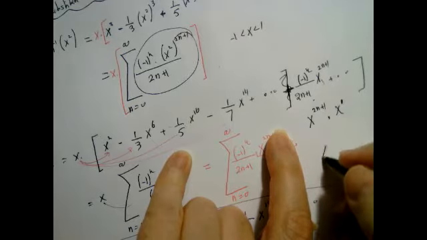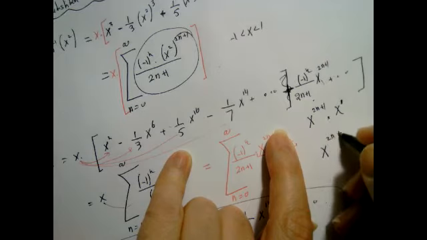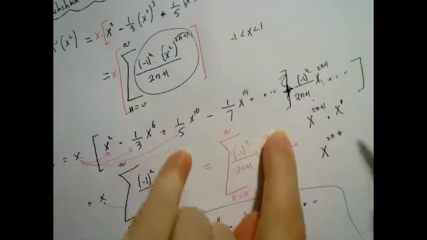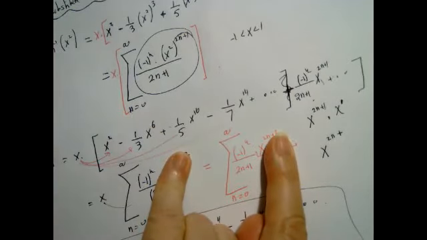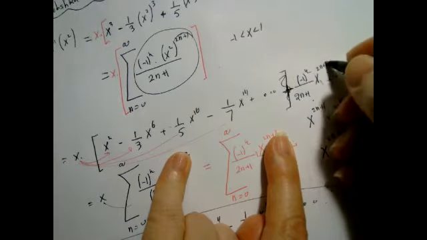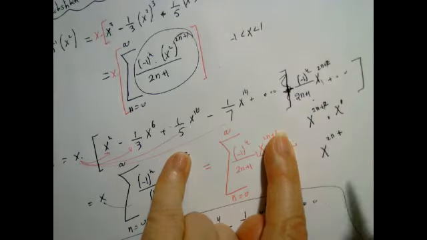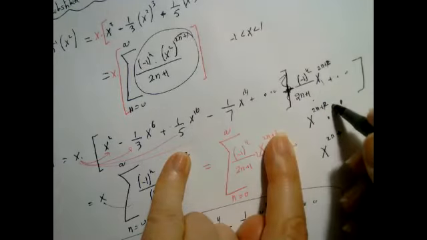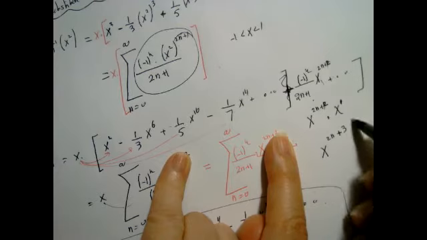So what do we do? 1 plus 1. Sorry, did I do something wrong? That should be 2n plus 2, my apology, because I didn't copy it. So this is going to give me 2n plus 2 plus 1, 2n plus 3.